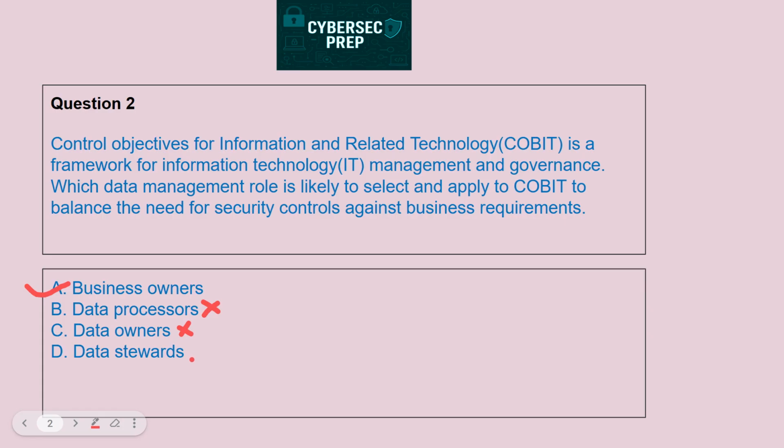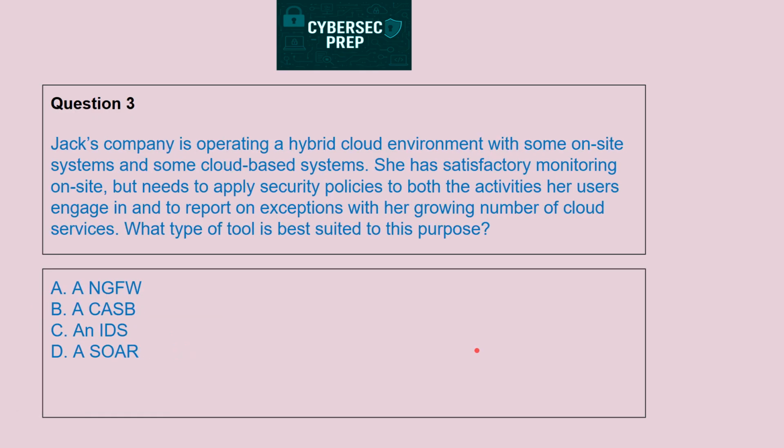Data stewards are internal roles that oversee how data is used, right? So they are not responsible for what security controls need to be selected and how to balance the security. So the correct option for this question is A, business owners. We'll move on to the next one.